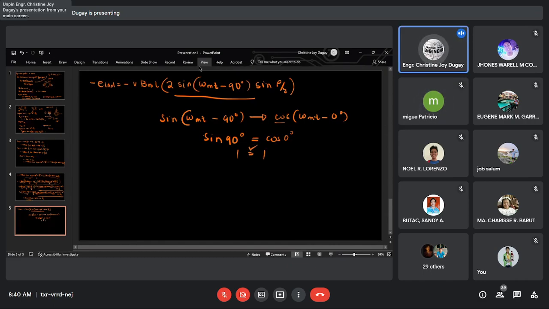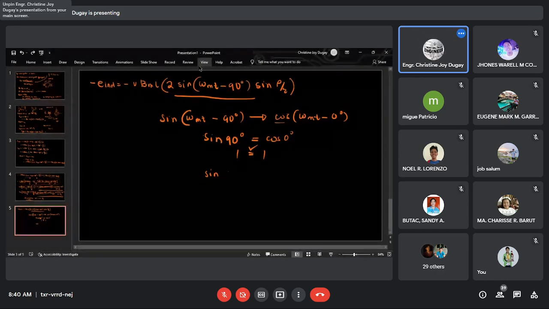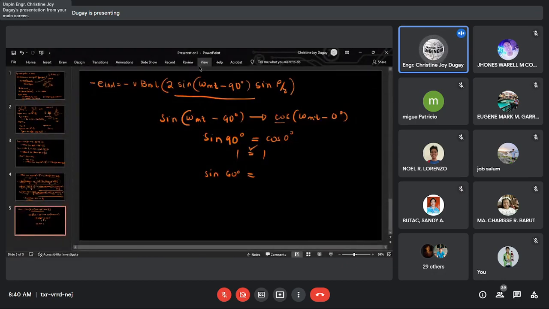No? How about naman, kung ang sine natin that is equal to 60 degrees. Ano ang equivalent niya kapag naka-cosine siya? That is equal to 30 po. Try natin ang sine 60. Ano ang value ng sine 60?